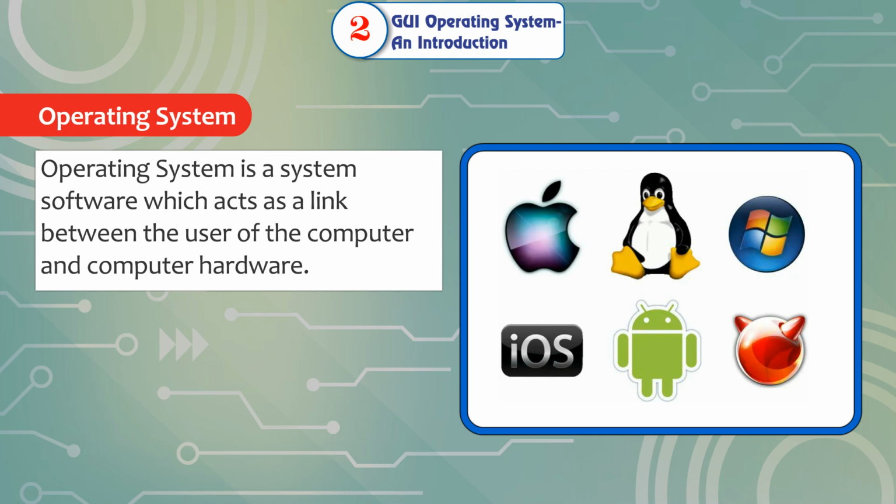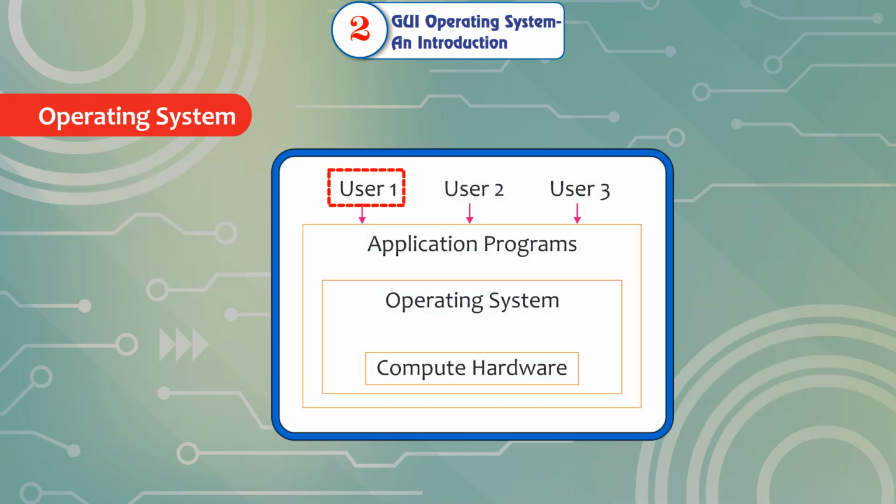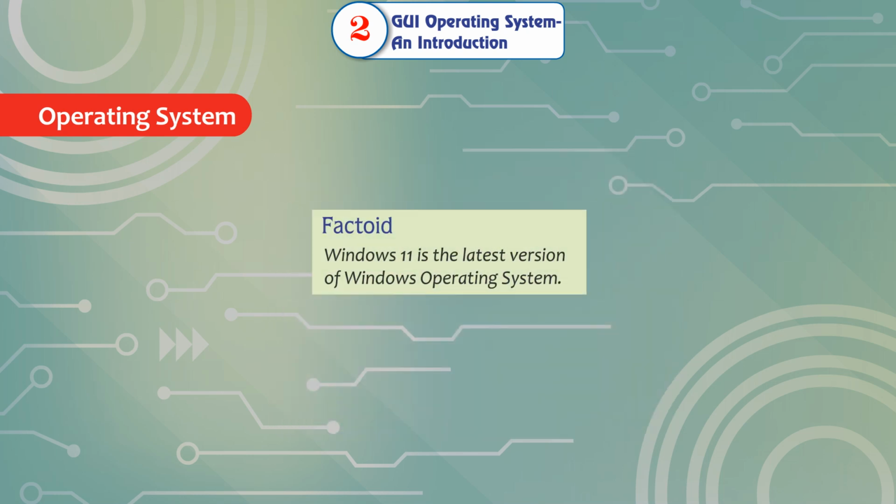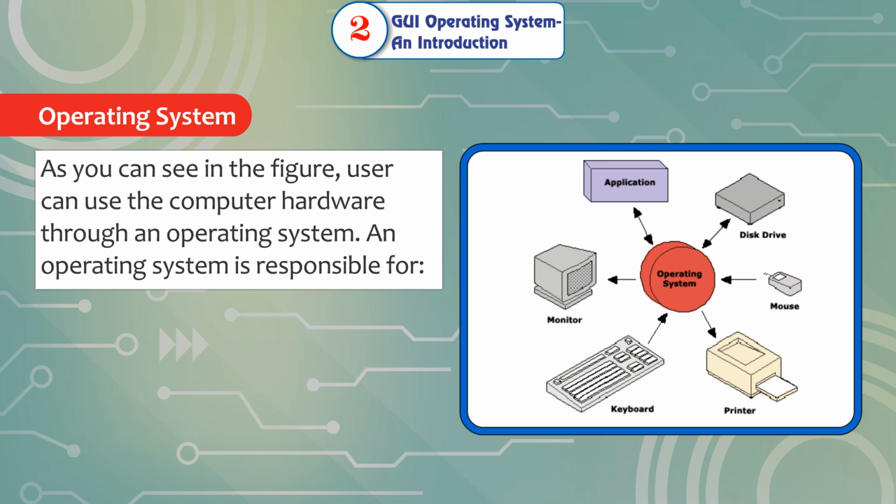An operating system is a system software which acts as a link between the user of the computer and computer hardware. User 1, User 2, User 3. Application programs, operating system, computer hardware. Factoid: Windows 11 is the latest version of the Windows operating system. As you can see in the figure, the user can use the computer hardware through an operating system.